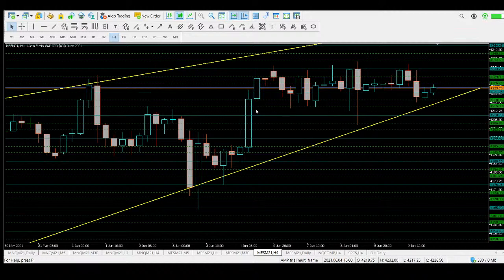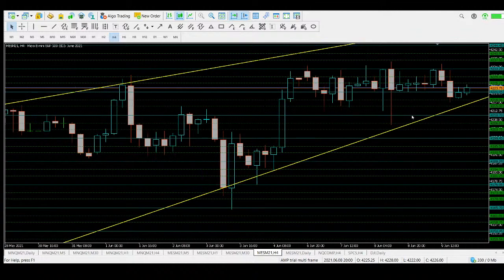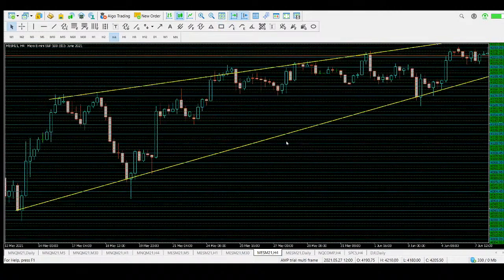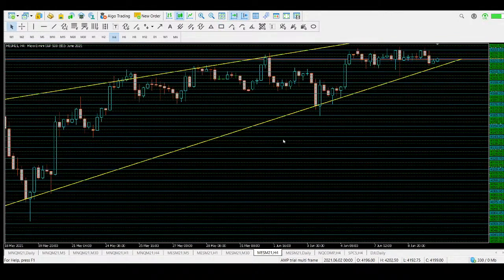4233 is the major level. As you can see, it's been tested how many times? Support is around 4221, 4222. The market has made a few tops and tested this top level here many times, and it has failed, and I'm just wondering what's going to happen next.